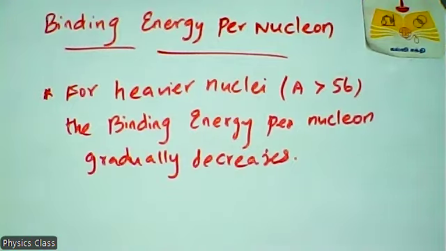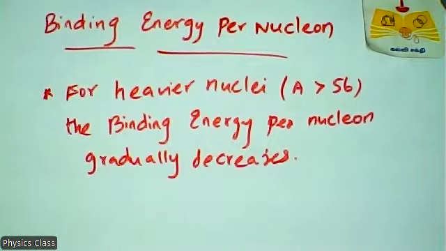That's why mass number 56, that is iron, is most stable, but elements greater than 56 are unstable nuclei. Because binding energy decreases, the holding energy is less, so it decays. Okay, clear?